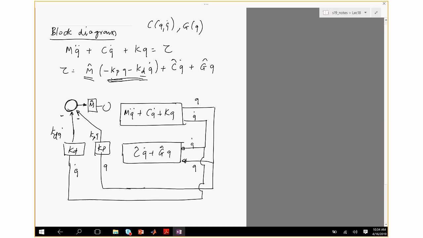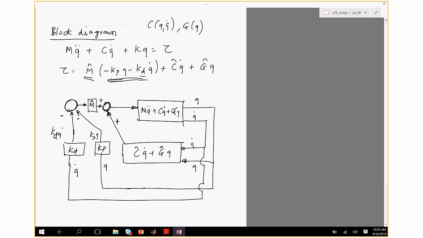So there'll be another block, running out of space. Let me clean this up. Okay, so this is fed to a summing block. M is also fed to the summing block.